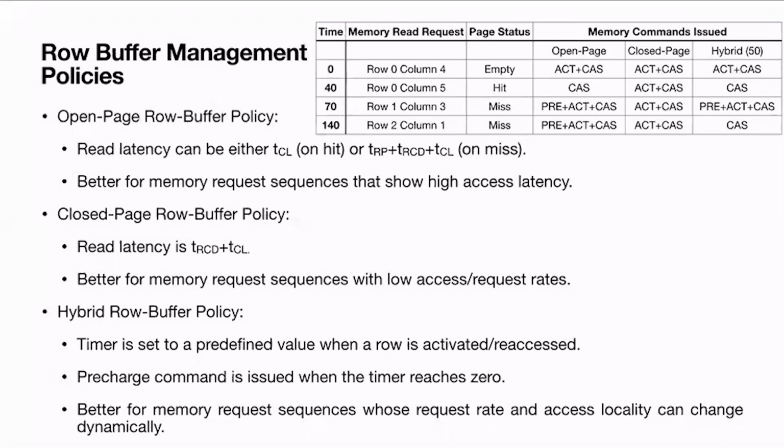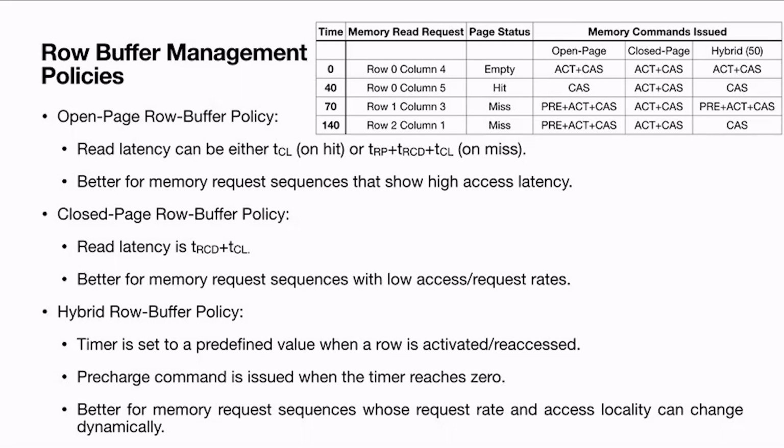Now, when there is a request at cycle 0 in the open page policy, I'll issue an act and cast command and bring the row 0 page into the sense amplifier. Because it is the open page policy, the data stays in the sense amplifier. The next request at 40 is to the same row, so you'll be lucky. You can service it with just the cast latency.